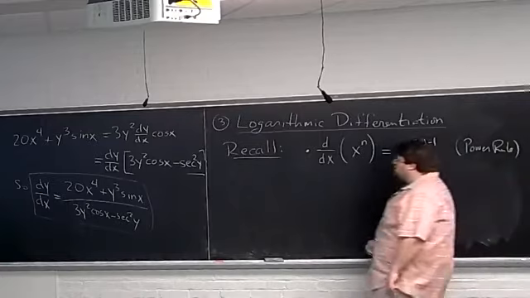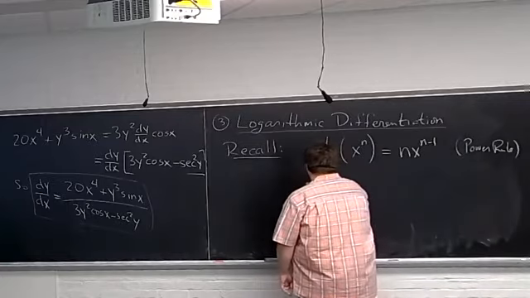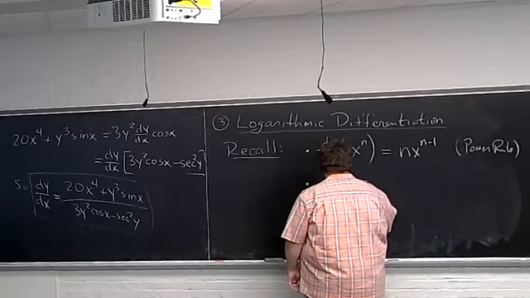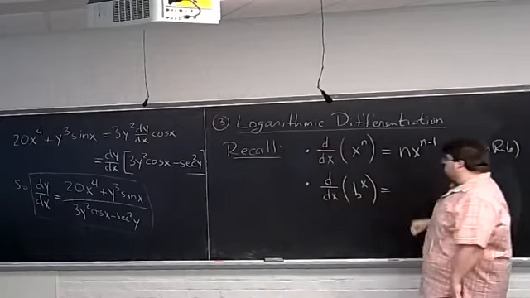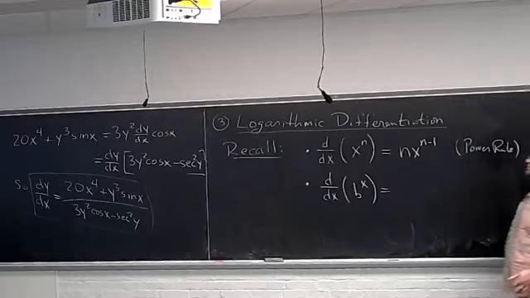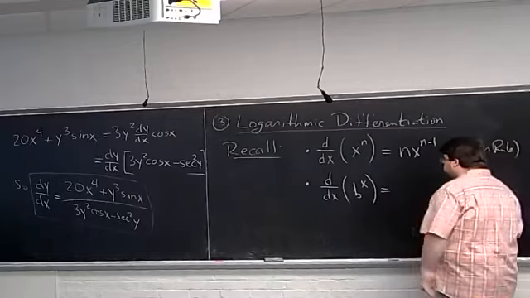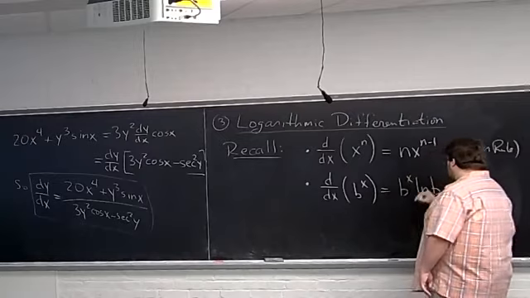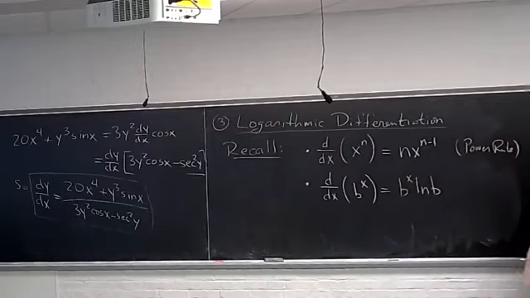Also, the derivative of b to the x. So in that first case, x was in our base, and the exponent was a number. In the second case, a number is the base, and x is in the exponent. But we know how to find this derivative using the general exponential rule.